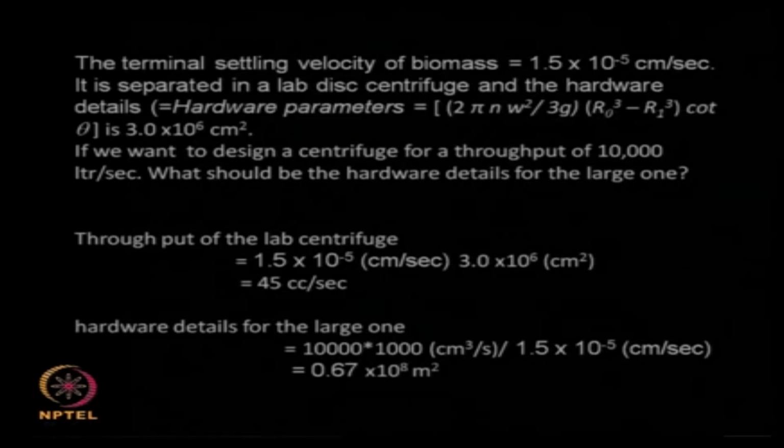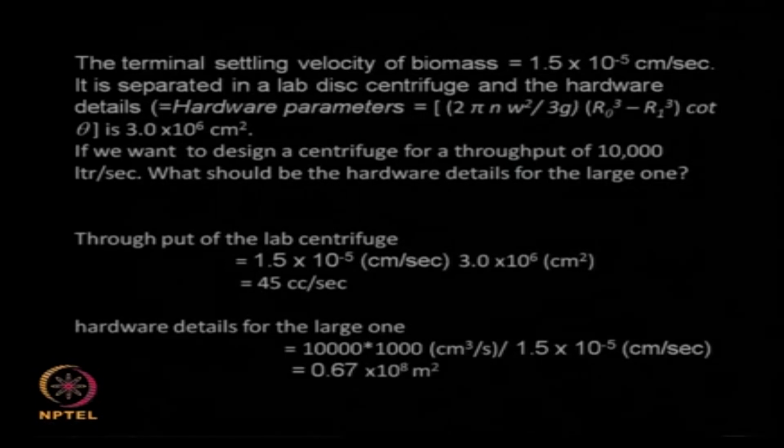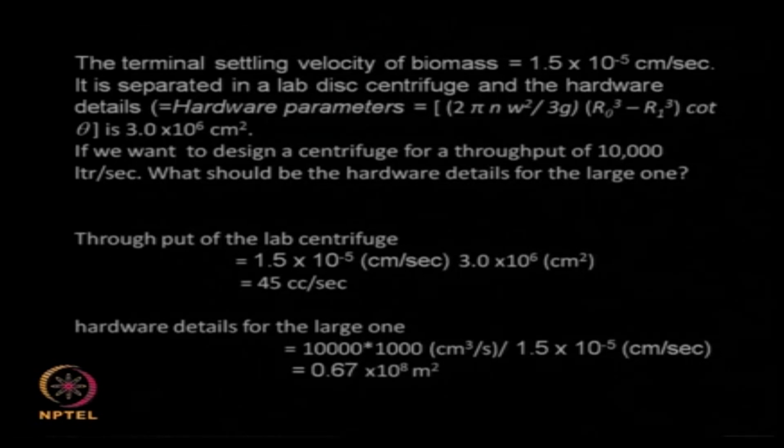You can go to a vendor and look at all the centrifuges available with him, and then you can see which centrifuge has a hardware parameter closer to this, understand. So you may have different combinations of radius, you may have different number of disks, so you can select one of them depending upon which one is closer to this 0.67 into 10 power 8 meter square.